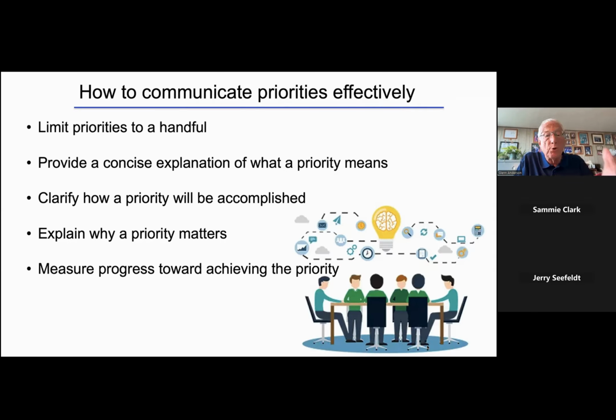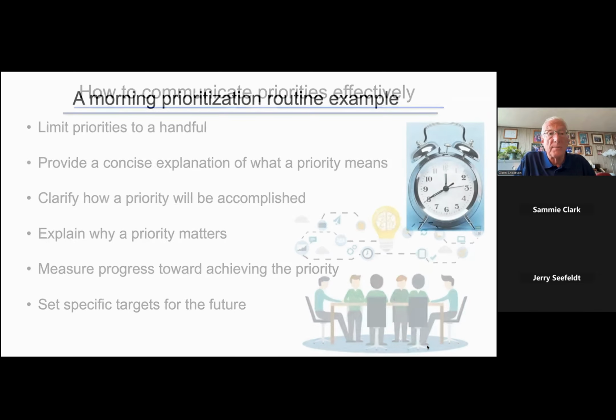You want to measure progress as you move towards achieving the priority to show that you're committed to this, and further, you're committed because you're setting targets out in the future. So when you do these 6 things here, you're effectively communicating the priorities that you've set to your management, to your leadership, to the rest of your organization.